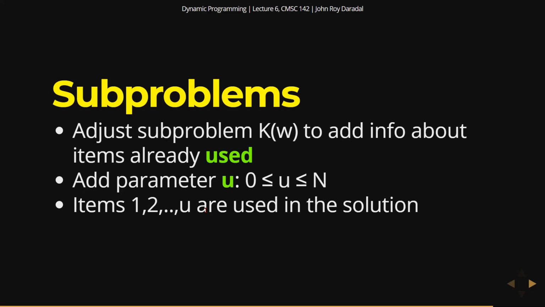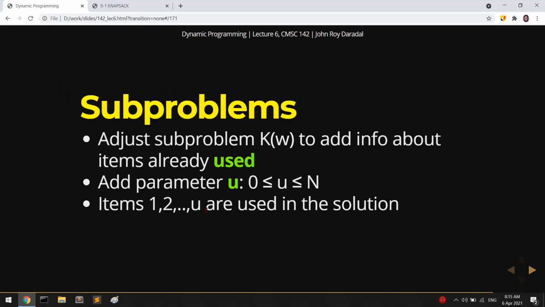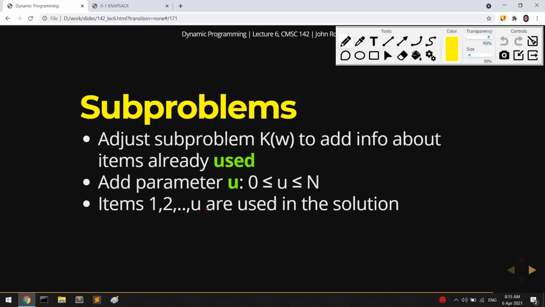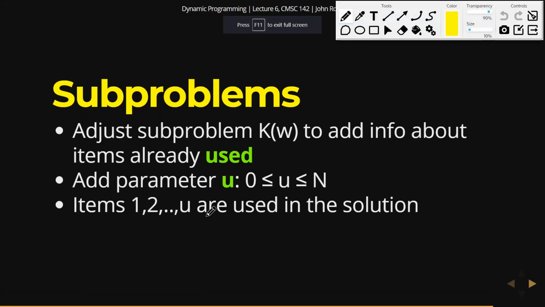It's possible that, okay, just to make it clear, if U is 3, that means that items 1, 2, 3 are your choices in the solution. It's possible that 1 was not used because it's not optimal to use. It's possible that 2 was not used, maybe it was just 3. But the thing is, these are your only choices. So maybe you have other items here.